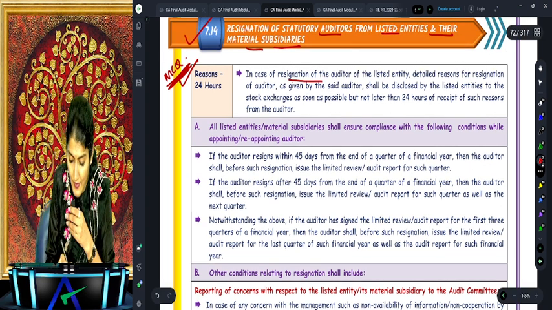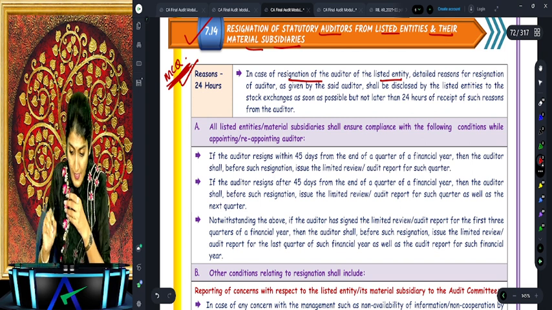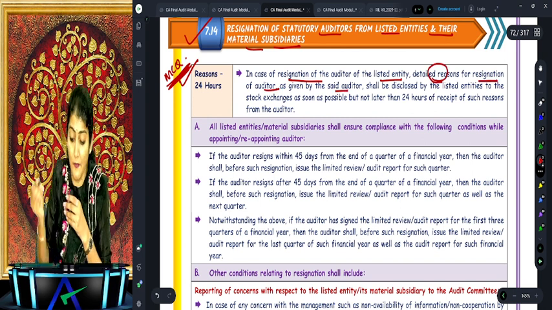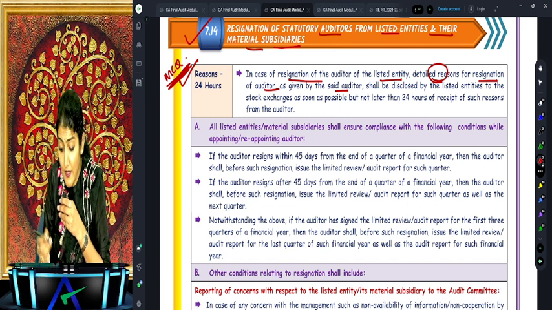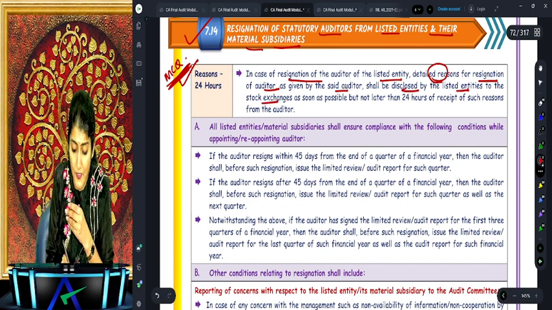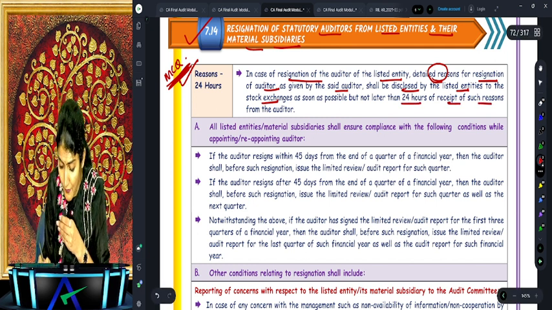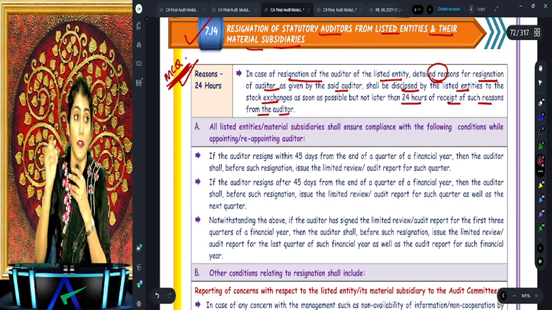In case of resignation of the auditor of the listed entity, the detailed reasons as given by the said auditor shall be disclosed by the listed entity to the stock exchange as soon as possible, but not later than 24 hours of the receipt of such reasons from the auditor.